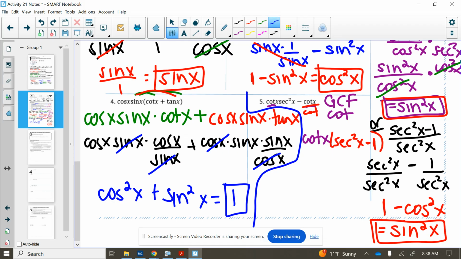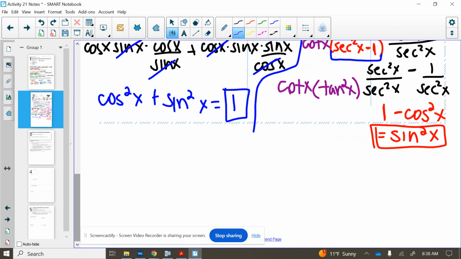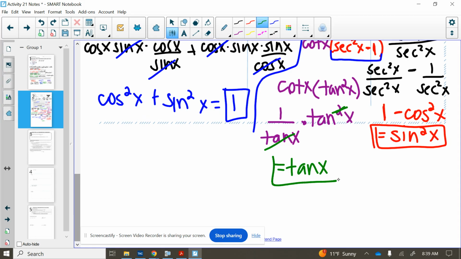And we know secant squared minus 1 is a Pythagorean identity. So I have cotangent of x, and then secant squared minus 1 can be rewritten as tangent squared. And then I have cotangent, which can be rewritten as 1 over tangent times tangent squared. So these can cancel, the bottom with 1 on the top, and we are just left with tan of x.